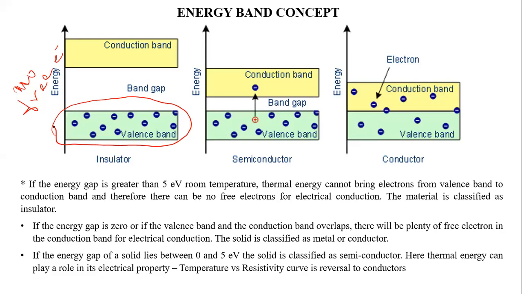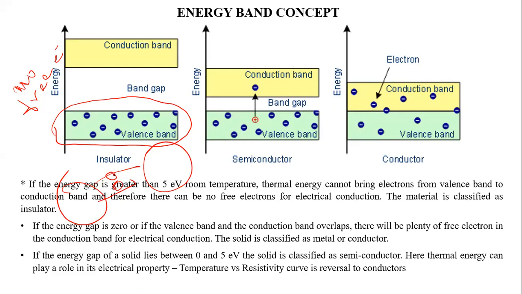What can contribute to the electrical property of the material is always the electrons in the outermost shell, called the valence electrons. In an insulator, all the valence electrons participate in chemical bonding, and the bonding is so strong that you cannot easily detach electrons from it.